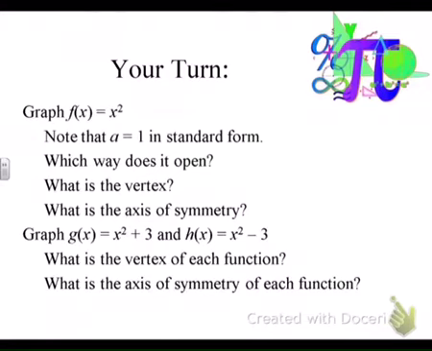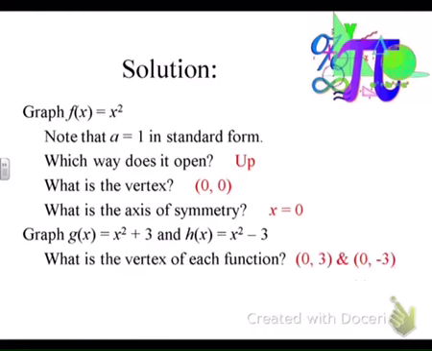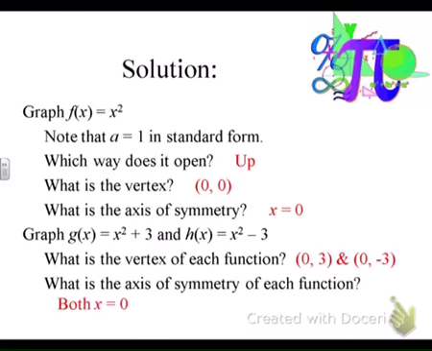The axis of symmetry is x equals 0. We've already graphed g of x and h of x. The vertex of each of them is 0, 3 and 0, negative 3. And the axis of symmetry for both is still x equals 0.